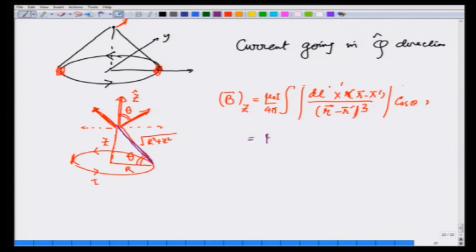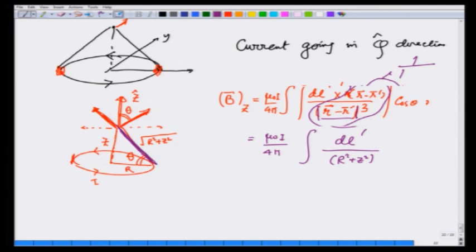This can be written as mu 0 I over 4 pi integration. This distance is nothing but modulus r minus r prime cubed, and we have already said this is going to give me dl prime over r square plus z square, because this together gives me 1 over mod r minus r prime square.